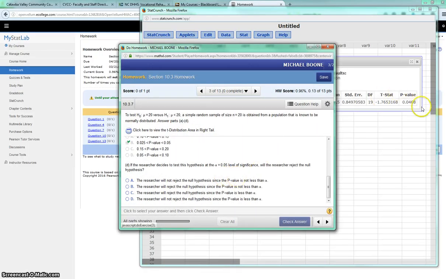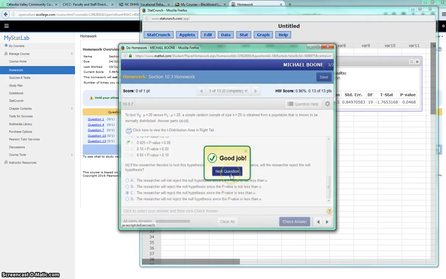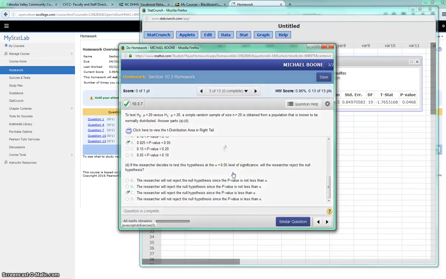And since our p-value is less than our alpha, so our p is low, which means the null hypothesis has to go, we will reject the null hypothesis since the p-value is less than alpha. We're just saying, hey, I don't think the mean is 20 anymore. I actually think it's less than 20. Now, I could be wrong. If I rejected, and I shouldn't have, we should recall that that's a type 1 error from Section 1.